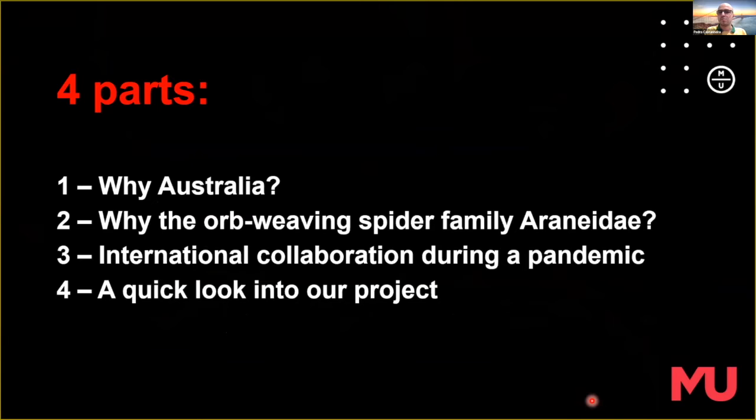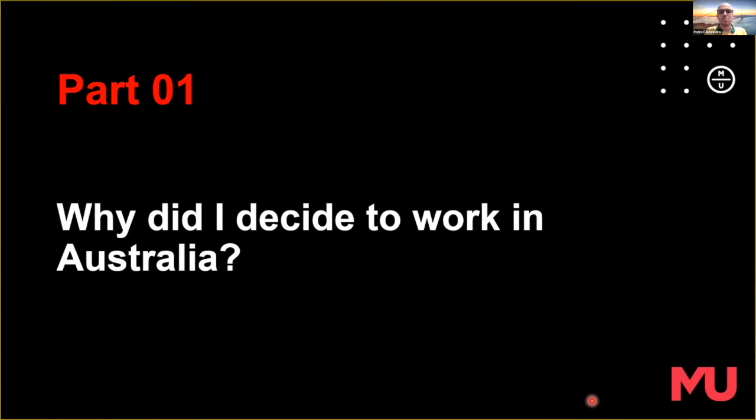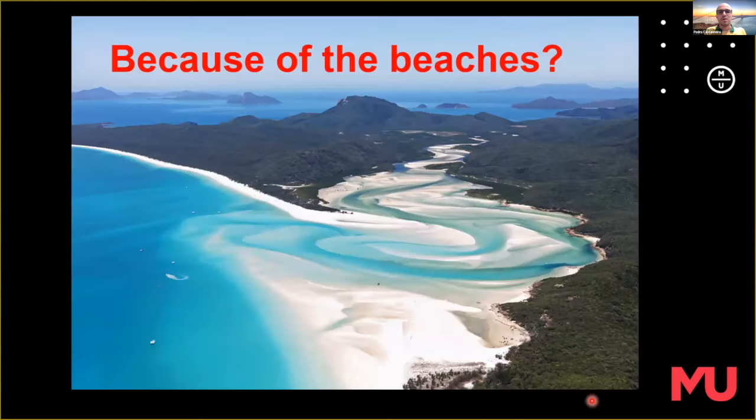The first is why I chose Australia to be the place of work and why I'm choosing the Australian species. Then, why the orb-weaver spider family Araneidae, a little about the international collaboration we're doing, and a quick look into our project.